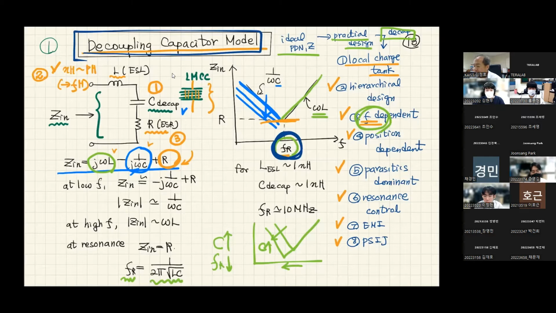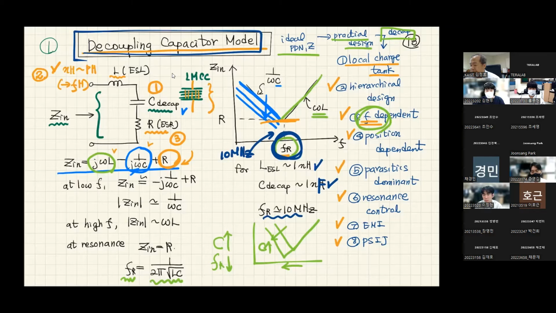For example, if you have 1 nanohenry parasitic inductance and a decoupling capacitor of 1 nanofarad, roughly the resonance frequency is around 100 megahertz, or 10 megahertz. This is another problem associated with conventional decoupling capacitors.